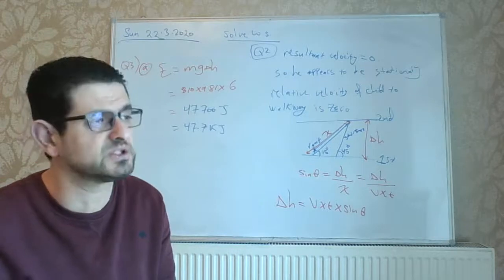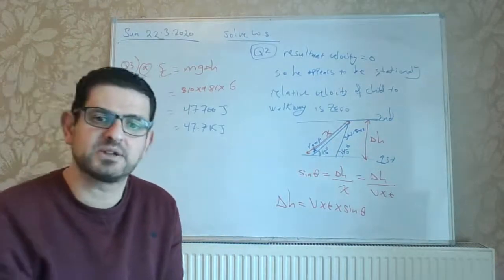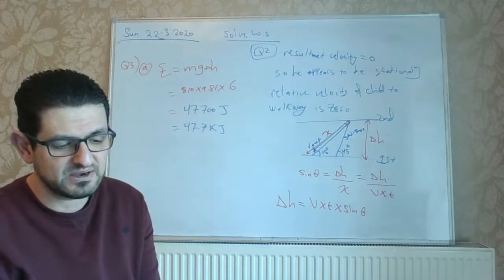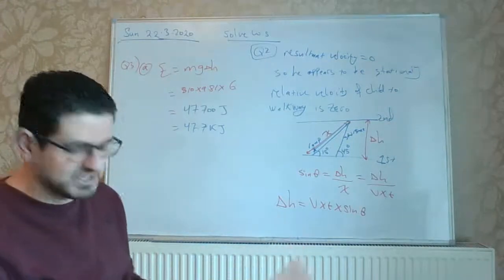Now this question is long. I just skipped the other parts because they are related to other topics in physics. I don't have part two here. Part two is talking about efficiency.